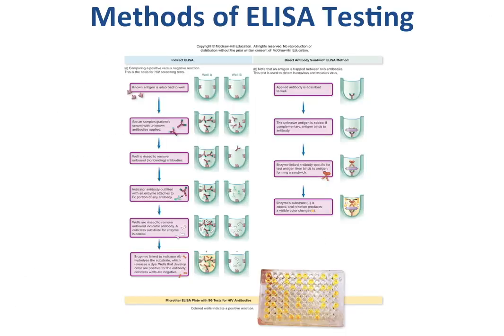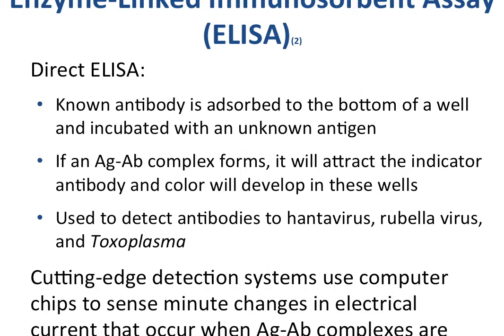Direct ELISA. Direct ELISA, that means we use known antibodies to coat the plastic plates, and then we add the patient's samples to the plates.